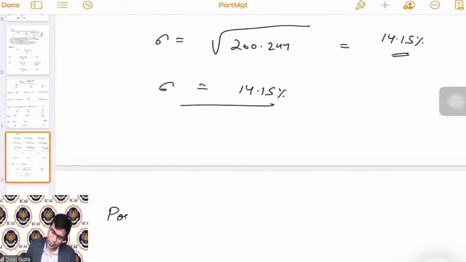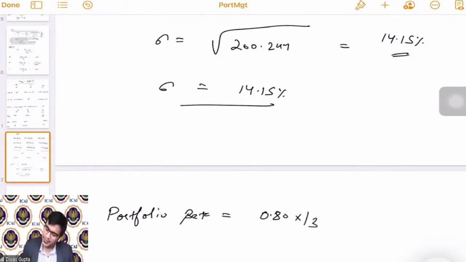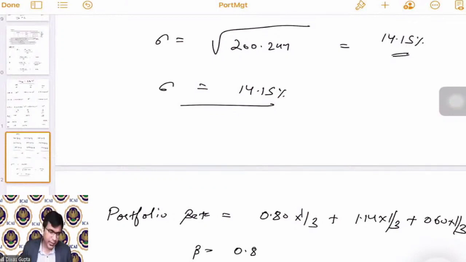So portfolio beta will be 0.80 multiplied by 1 by 3 plus 1.14 multiplied by 1 by 3 plus 0.60 multiplied by 1 by 3. So the beta for the portfolio comes as 0.8467. This is what the beta is.